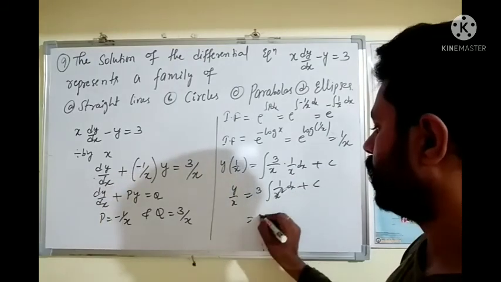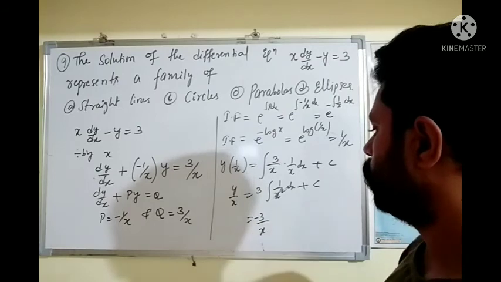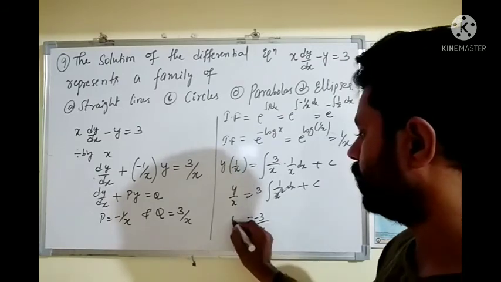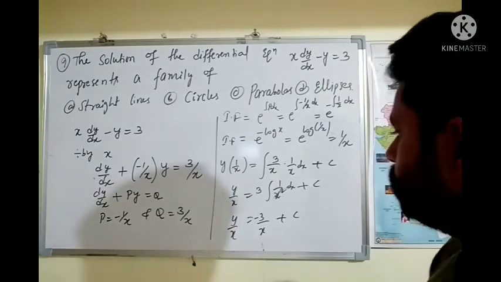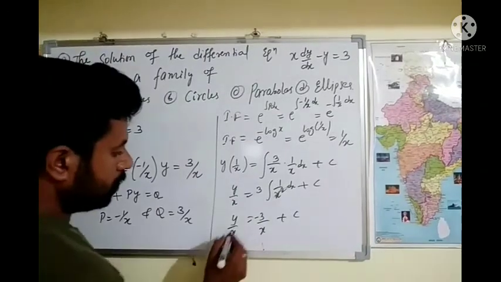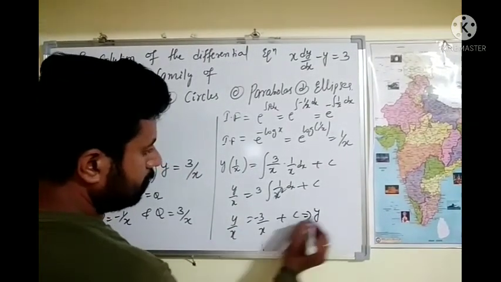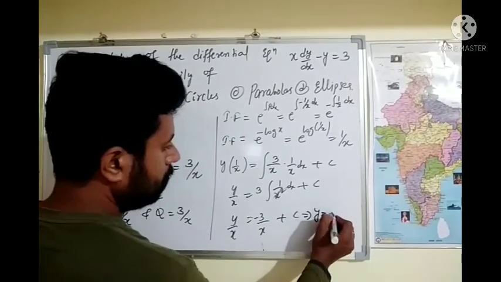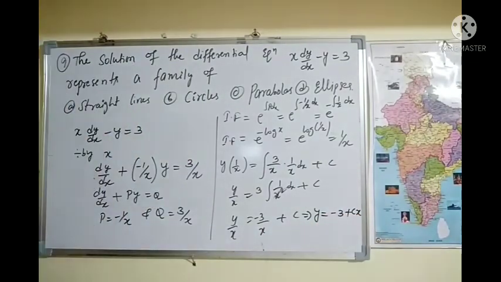Integral of 1 by x square is minus 1 divided by x. So minus 3 divided by x plus c is equal to y by x. Next, multiply both sides by x, x gets cancelled, y is equal to minus 3 plus cx.